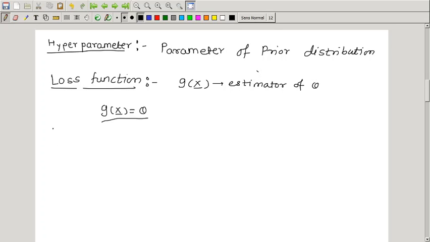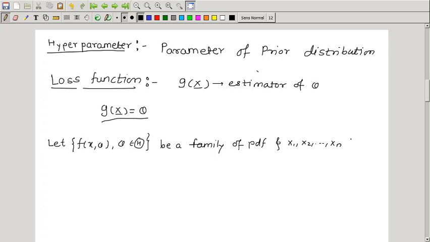Let f of x given theta, theta belongs to the parameter space, be a family of PDFs, and x1, x2, ..., xn be a random sample from this distribution.